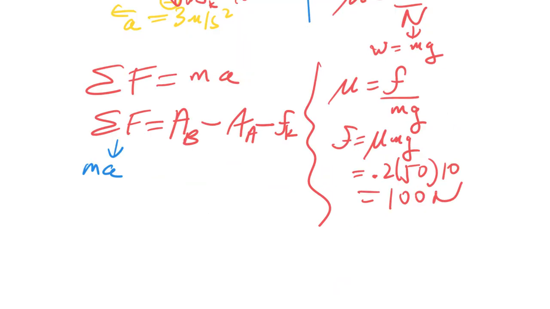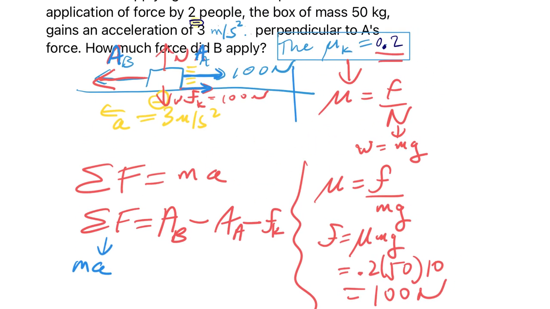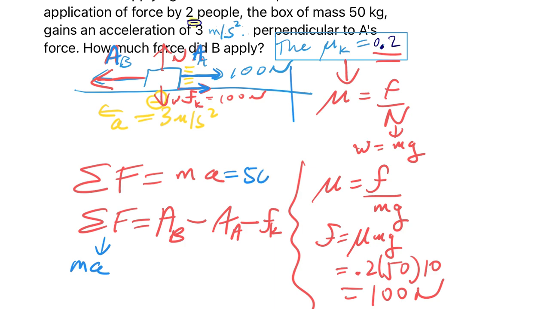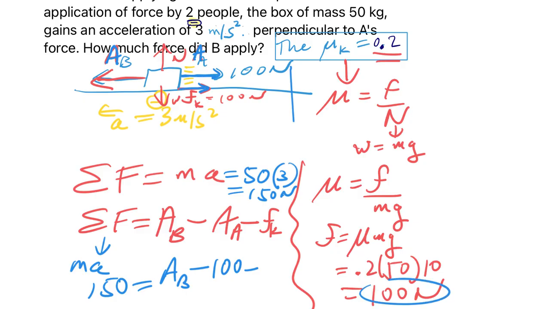So let's just substitute numbers in. Net force is MA. I know M is 50 and A is given as -3, but I'm not going to put the negative in because this is dynamic, so this is 150 newtons. So 150 equals FB, which is what I'm looking for, minus FA, which is 100, minus FK, which is 100.